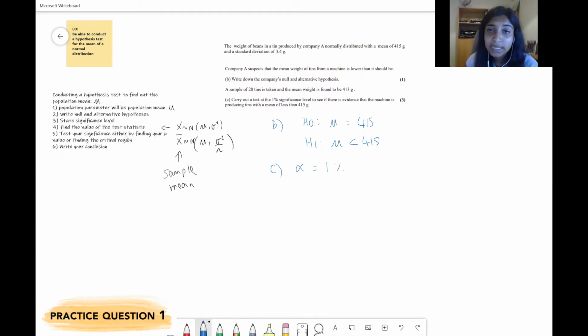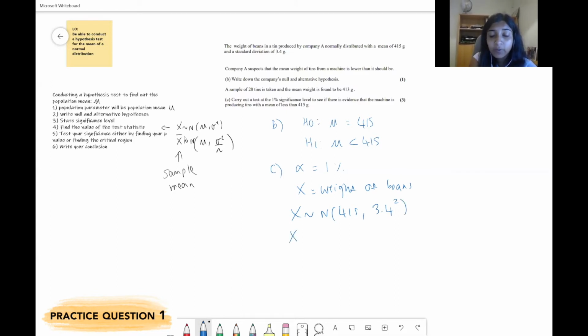Now we want to find the value of our test statistic. We can say X, which is our weight of beans, will be normally distributed with our mean, which is 415, and our standard deviation, which is 3.4. So our sigma squared would be 3.4 squared.